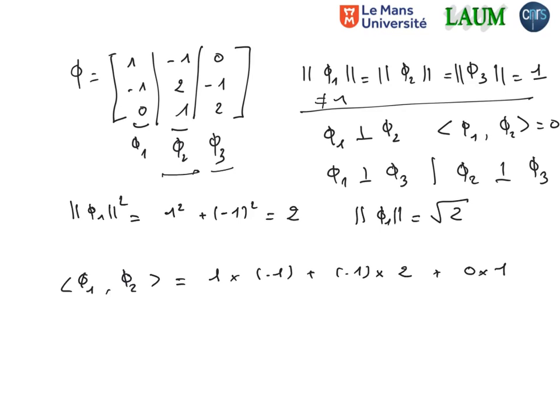Okay, so here this is the first component of phi1, second component of phi1, third component of phi1, and the same for phi2. And if we compute that, we have minus 1, minus 2, plus 0. So this is equal to minus 3, and this is different from 0. So we have that phi1 and phi2 are not mutually orthogonal. So this property is not valid anymore. Okay, so we can see clearly that this matrix is not orthogonal.